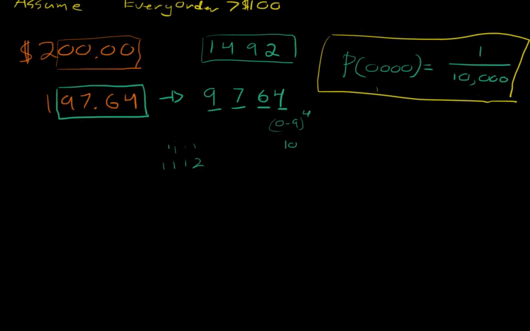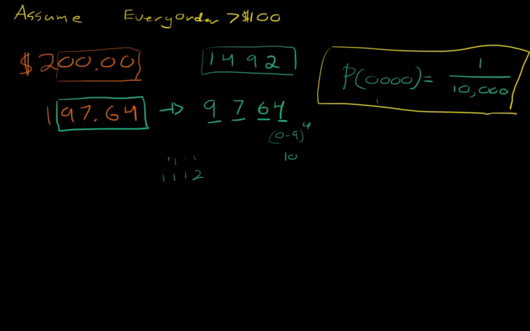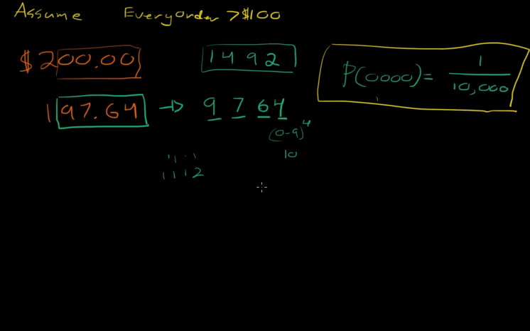Now, I have to draw a little diagram here. If we're talking about it being the first time that you've ever gotten this, this is important. Then that means that we can draw a little branching tree. This is your first order, and then you have the possibility of getting 0000, and that is a 1 in 10,000 chance.